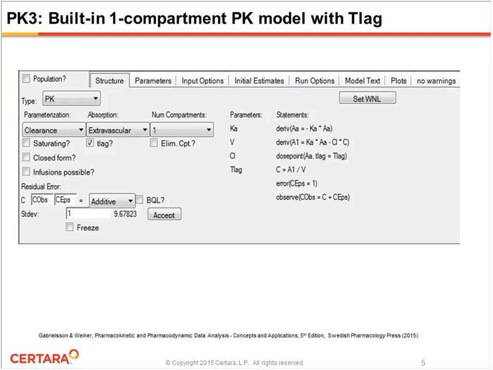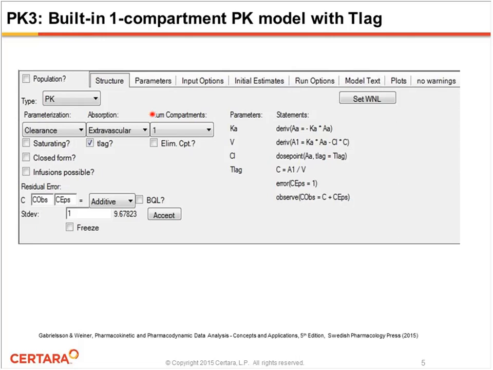Okay, so here we have an example. If you've attended previous sessions, we've commented on the fact that the PML text gets written for you as you make model selections. So when you're in the default mode, which is what we call the built-in model, this is where you're using menu selections to set up the structural model.